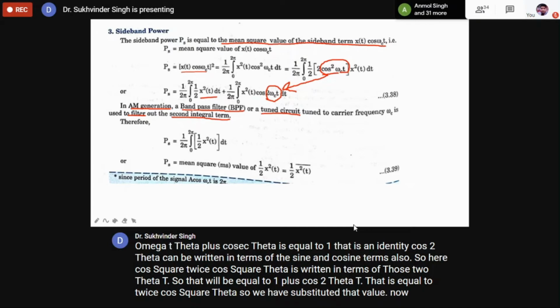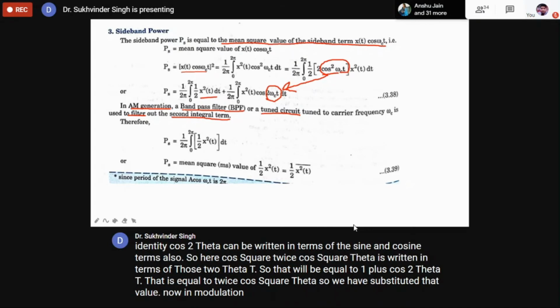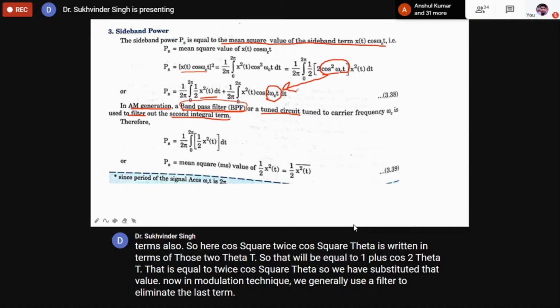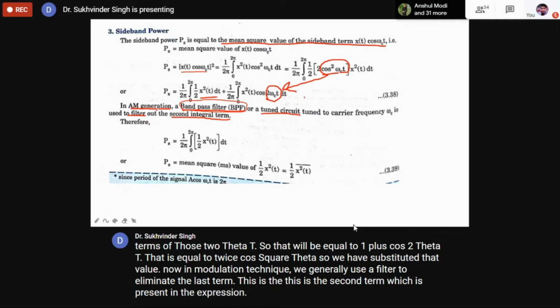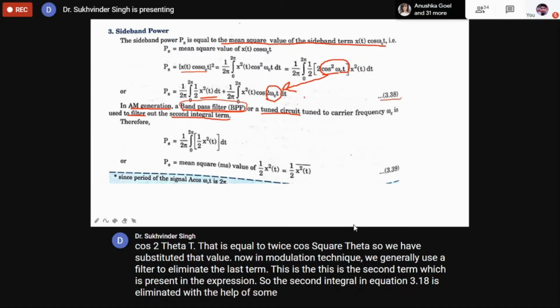Now, in modulation technique, we generally use a filter to eliminate the last term. This is the second term which is present in the expression. So the second integral in equation 3.18 is eliminated with the help of some filter.